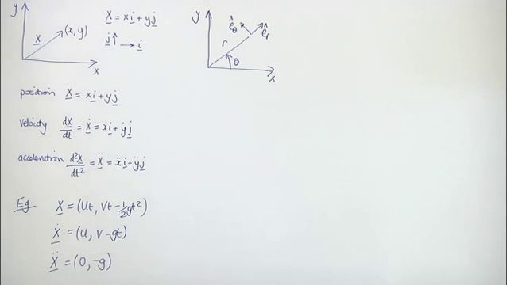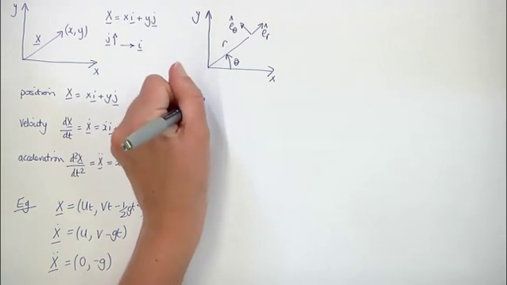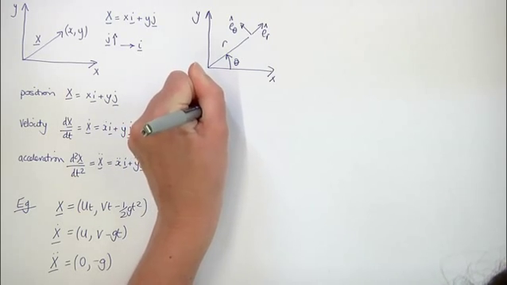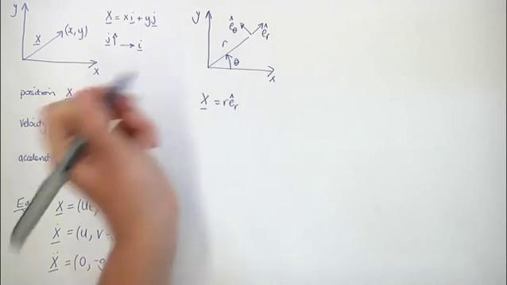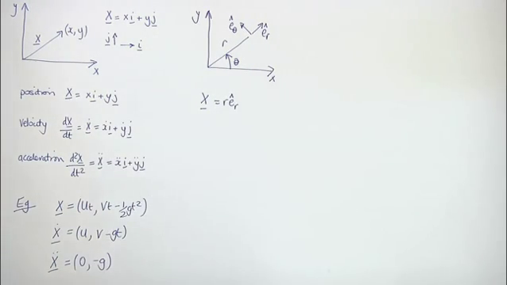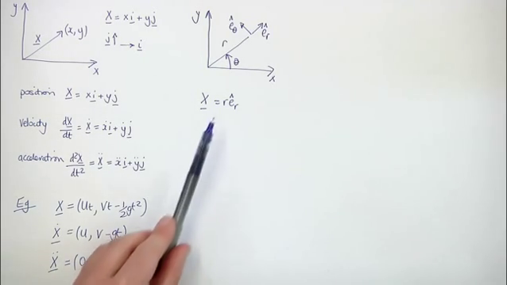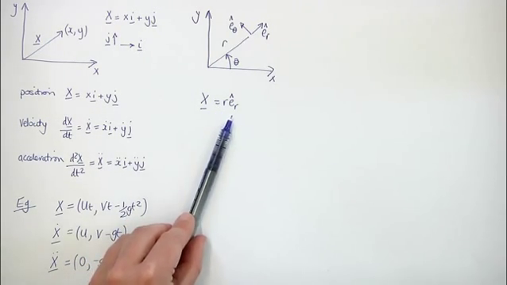So our position in polar coordinates is written x is equal to r er hat. It has magnitude r and direction er hat.